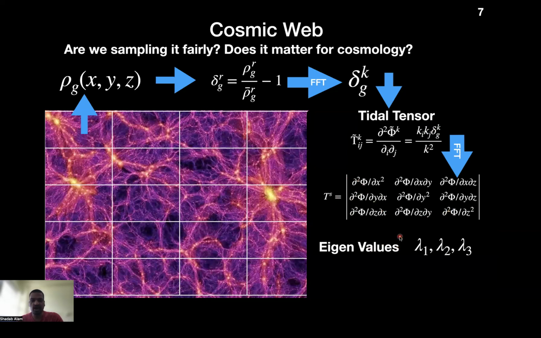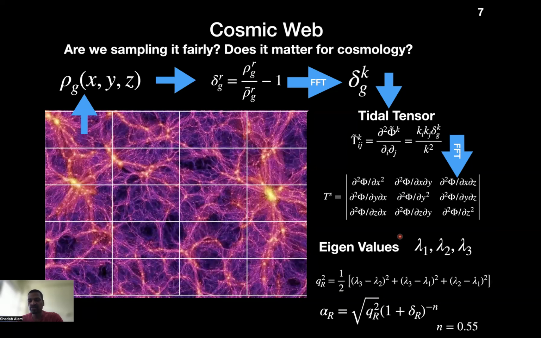Using these eigenvalues, this essentially traces how the tidal field is along different coordinate axes, or along different eigenvectors. By looking at these eigenvalues, you can define quantities which quantify the tidal field around each of these locations.